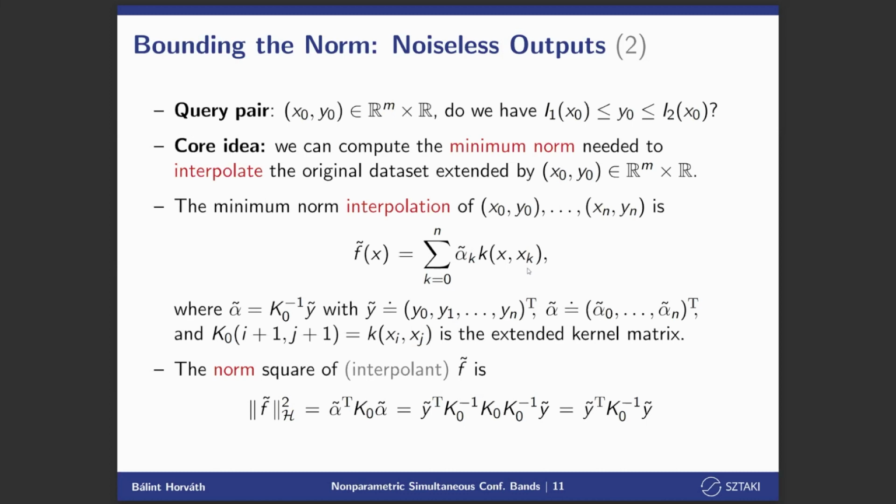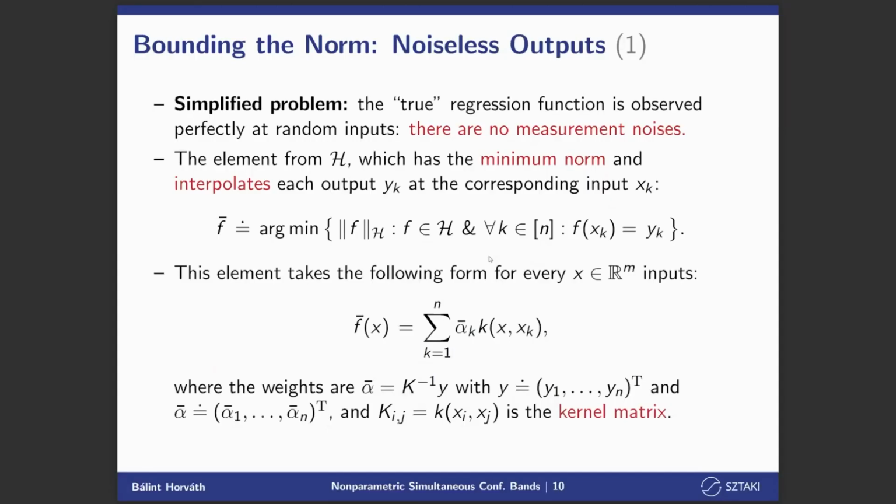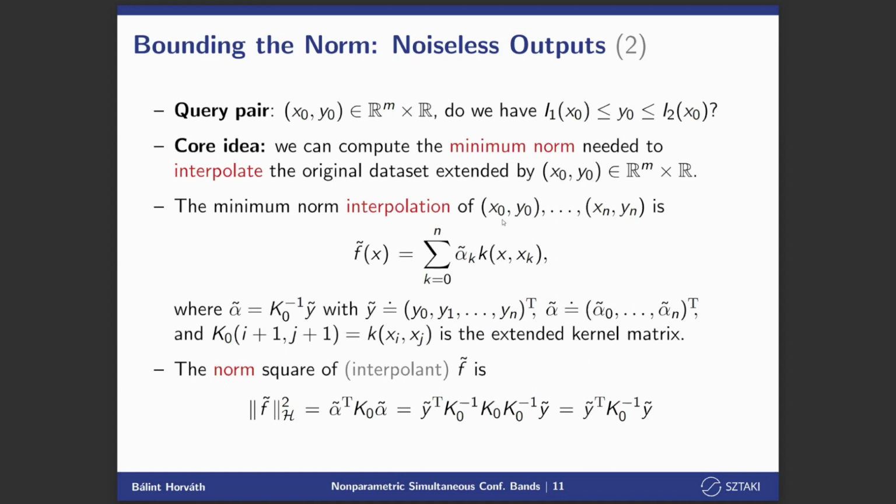We construct the function in such a way that basically the formulas are the same as before, just extended by this x0 and y0 point. And since we are in a reproducing kernel Hilbert space, the norm of this interpolant can be obtained by the formula given in this last line, which will be quite useful when we need to provide the upper bound.